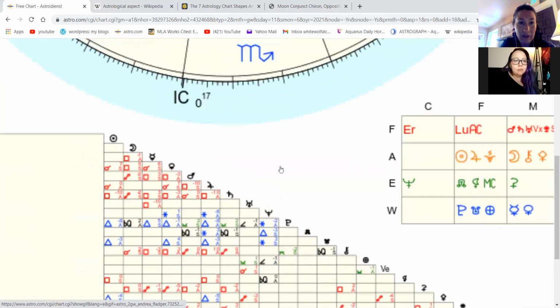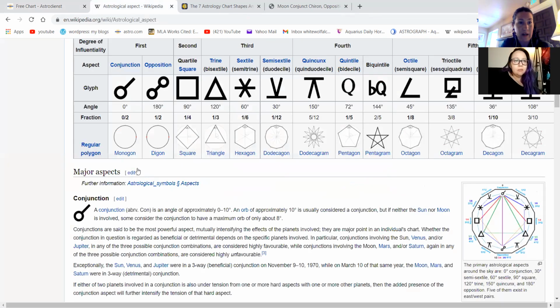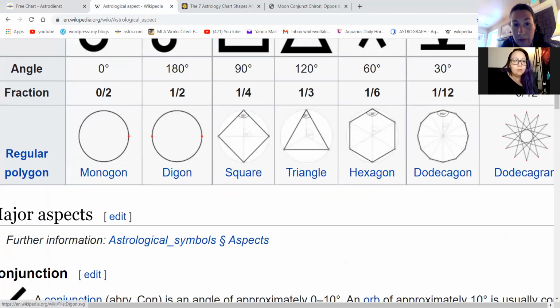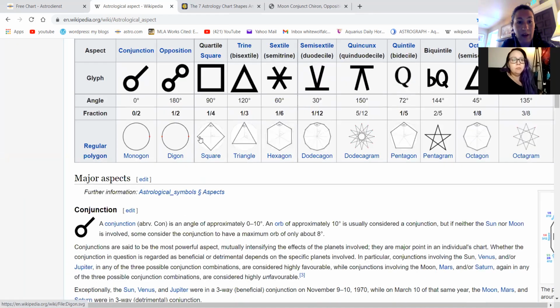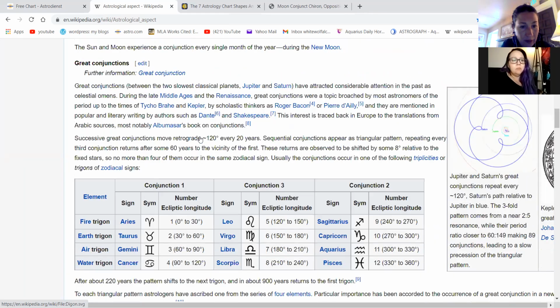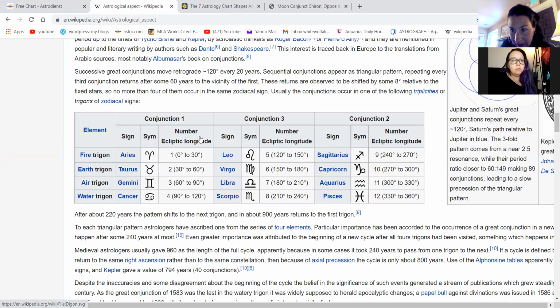Okay, so let's talk about oppositions now. An opposition is 180 degrees, two planets directly opposing the other. The shape of it is called a diagon, which looks exactly like the monogon, only it's got 2 points instead of 1.